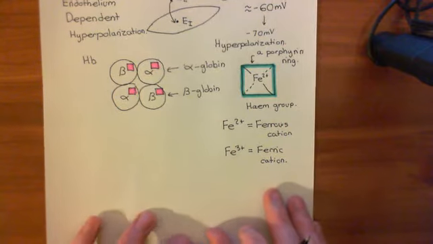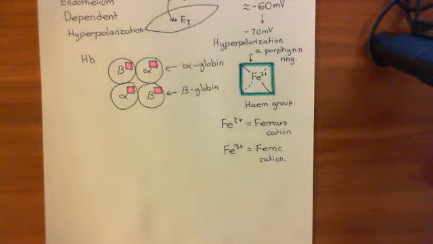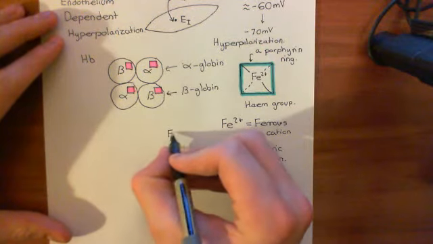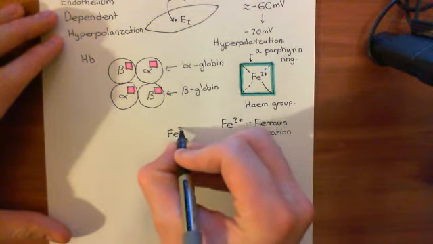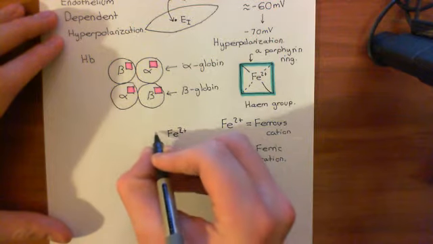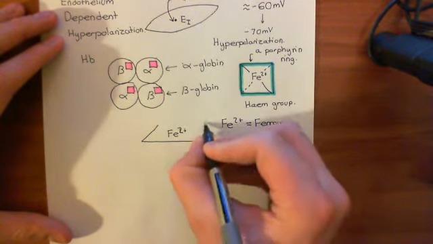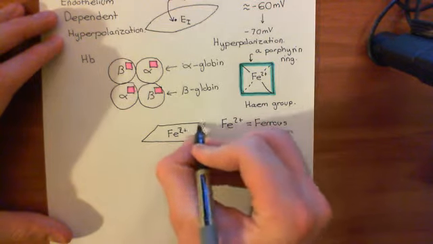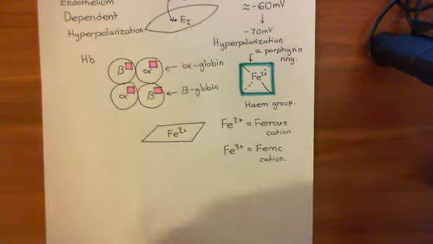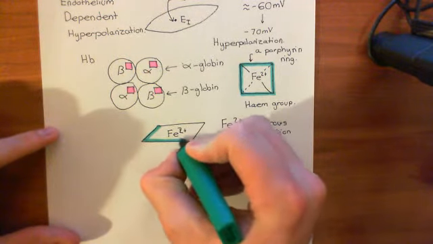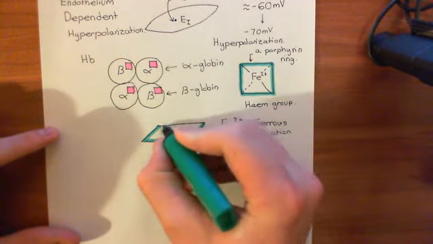So at the centre of this heme group you have this ferrous cation, and if we draw a picture of this, here's the ferrous cation, and then round the outside of this you have this porphyrin ring structure. Let me colour this in turquoise. The porphyrin ring is a very planar structure.